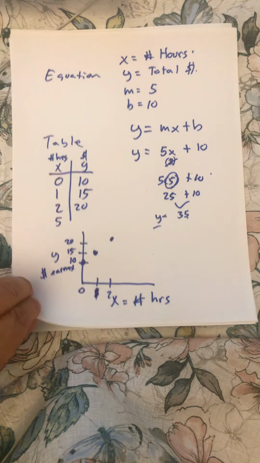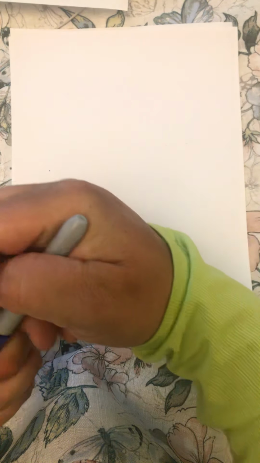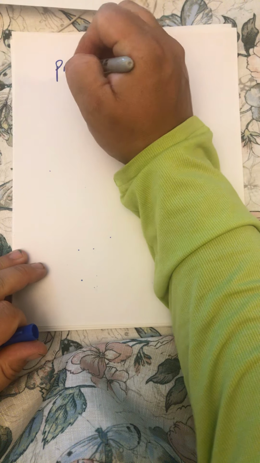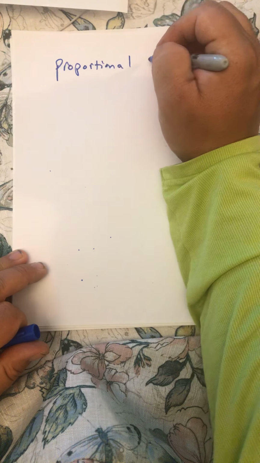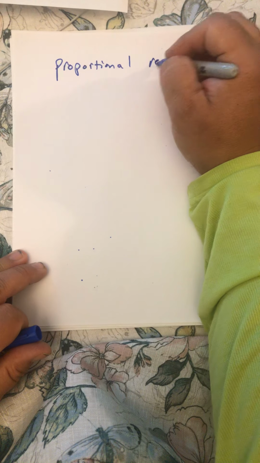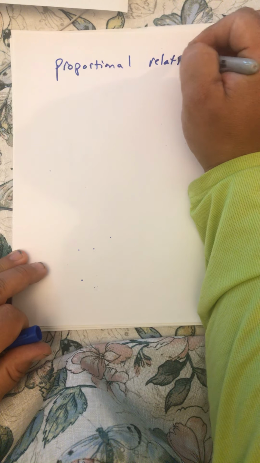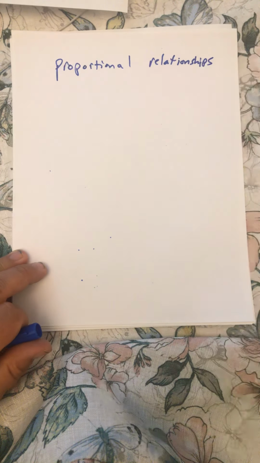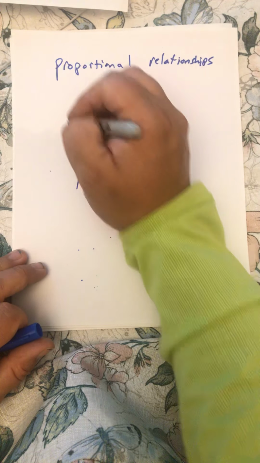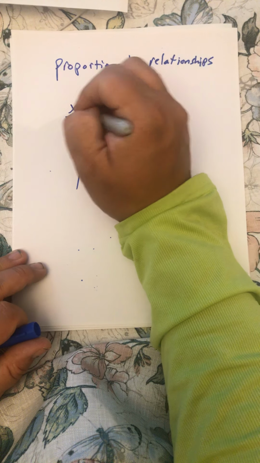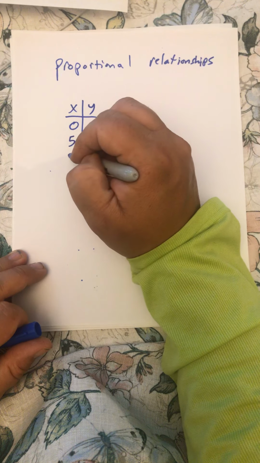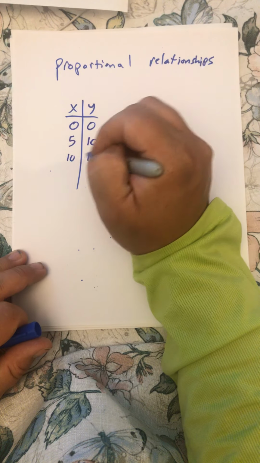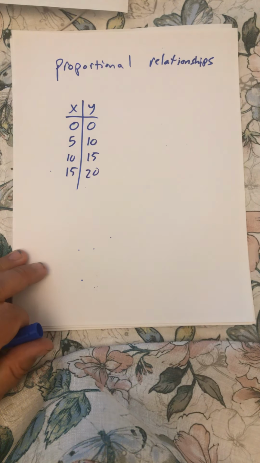Now the last thing I want to talk to you guys about is proportional relationships. Proportional relationships means when I'm on a table or a graph, so let's just do a table, everything, it didn't work out.